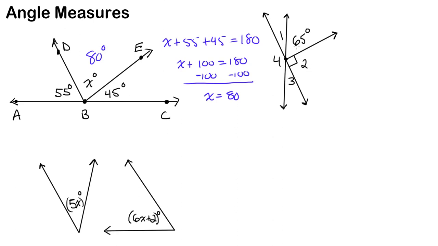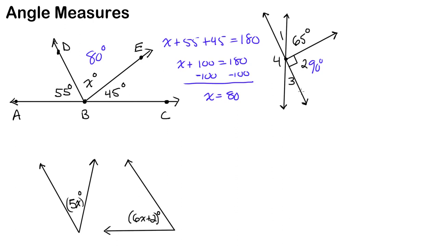In this next example, I can use the information given to find the measure of all of these other angles. So I know that this angle here measures 65 degrees, and I know that angle 2 is a right angle, so it measures 90 degrees. So how can I find the measure of angle 1?